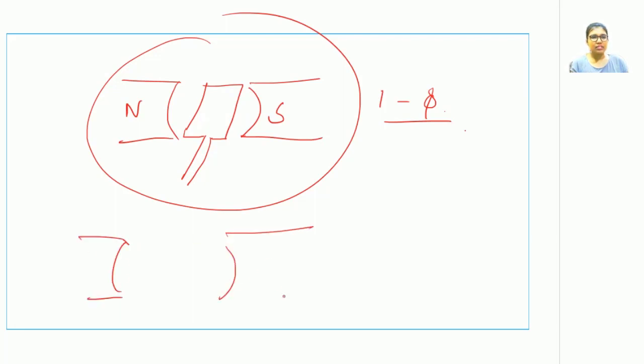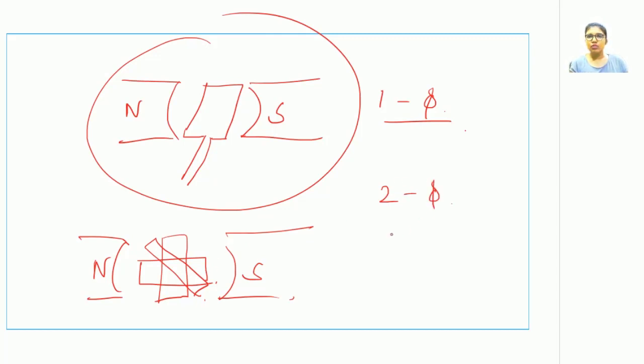If we are talking of polyphase system, then we should have a set of electromagnets, and within this set of electromagnets we can have n number of coils placed within. So if there are two coils placed within this electromagnetic set for the generation of electricity, then it will be called as a two-phase system. If three coils are placed within this electromagnetic set, then it would be called as three-phase system.